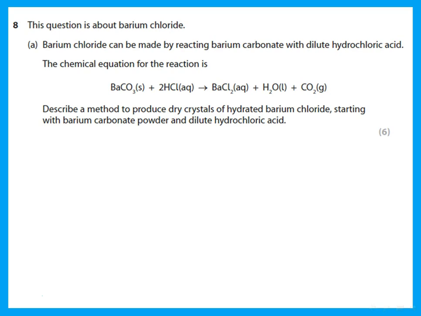And we said there are 3 methods for preparation of salt: titration, neutralization, and precipitation. Now, which one is this? I am starting with something that's insoluble. I'm starting with barium carbonate, that's a solid, and I'm trying to make something that is soluble. So I'm basically trying to explain the neutralization method.